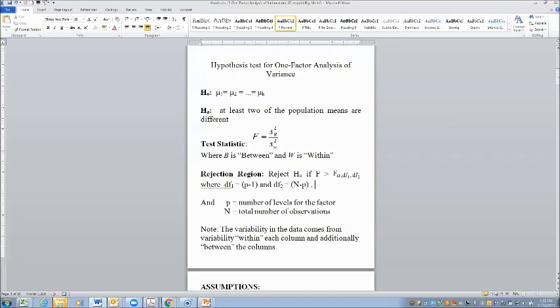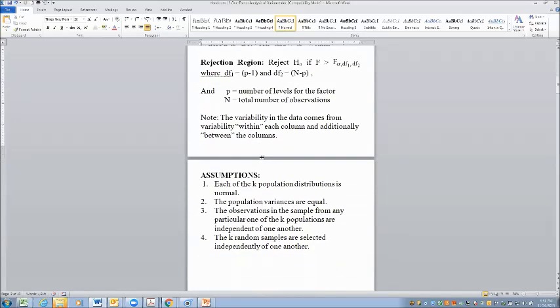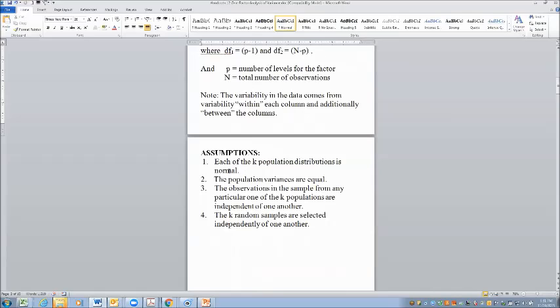We want to concentrate on what the test statistic is measuring, and how we can then, given some information from a statistical package, interpret our results and go from there. Again, the assumptions are that the underlying populations are normal, the variances are equal, and that each of our samples is randomly selected from the K populations and independent of each other.